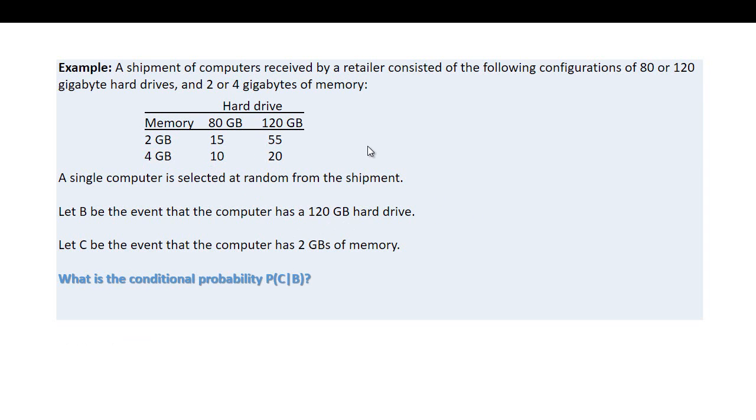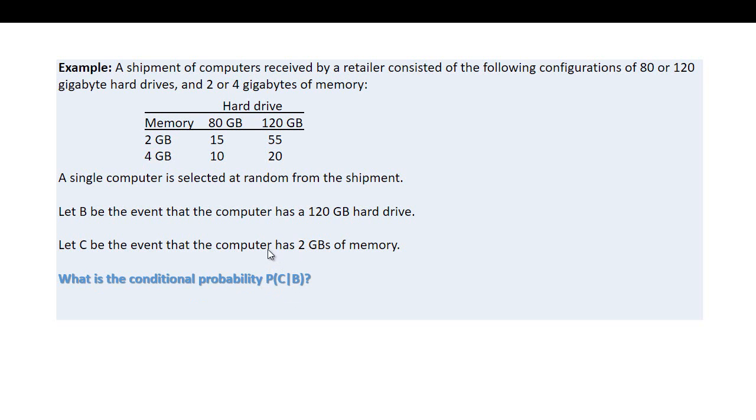Same situation, now we are asking, what's the probability of C given B? That is, given that we picked a computer with a 120 gigabyte hard drive, what's the probability that the computer has 2 gigs of memory? So knowing that B has occurred, what's the probability of C?